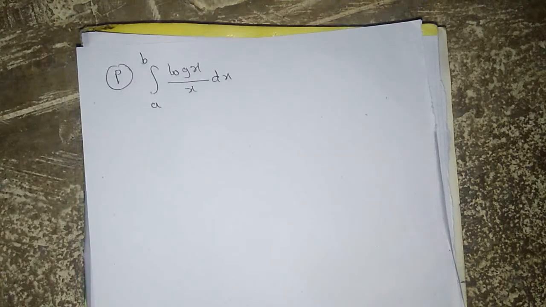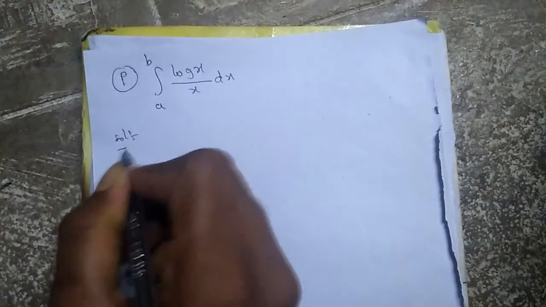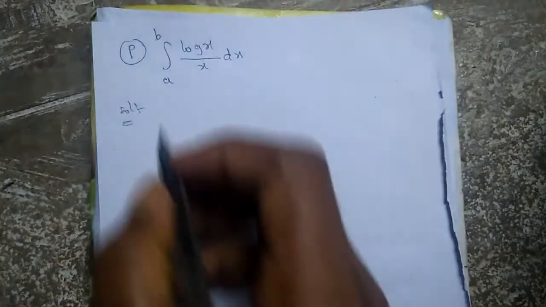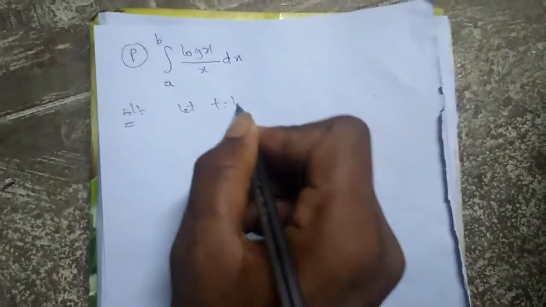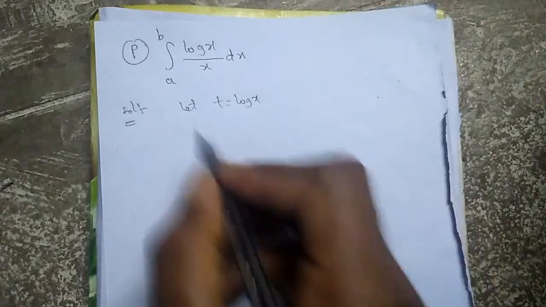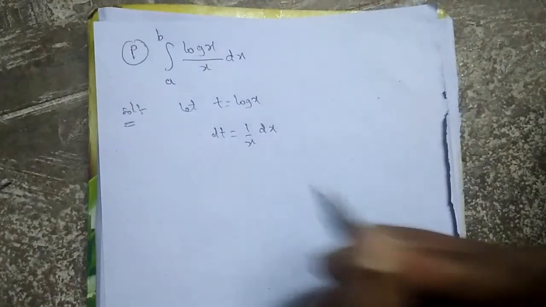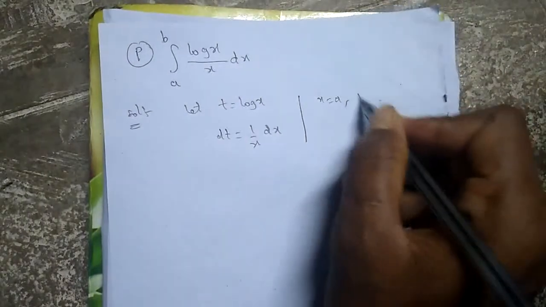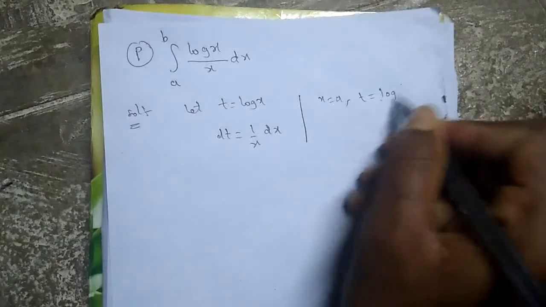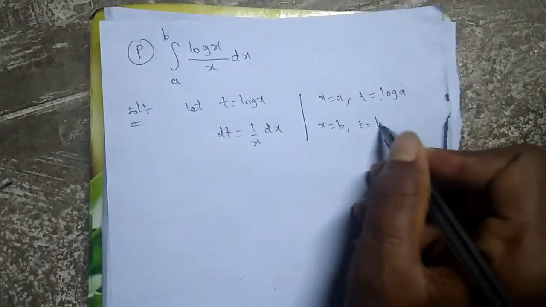Our next problem is integral a to b log x by x. Let us take t is equal to log x, dt is equal to 1 by x dx, and the limits are: if x is equal to a, t is equal to log a, and if x is equal to b, t is equal to log b.